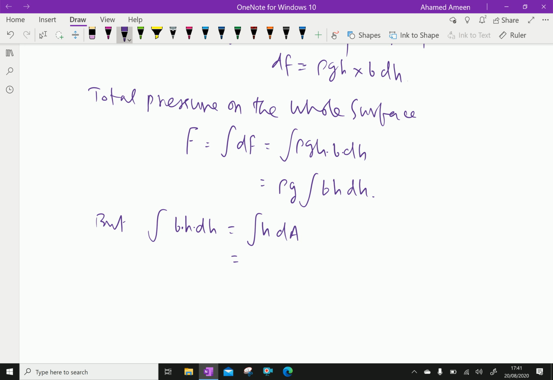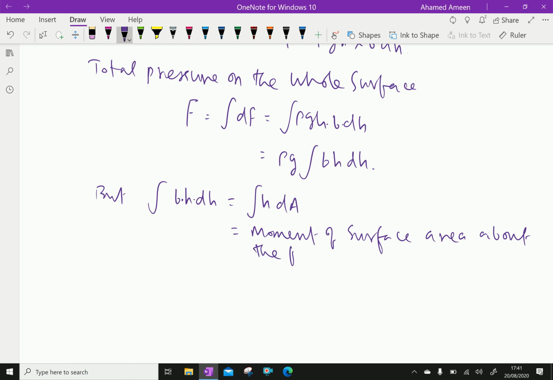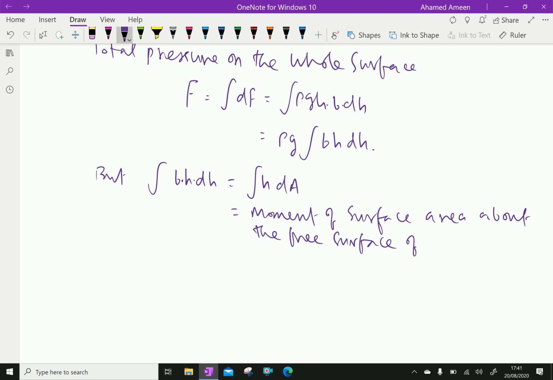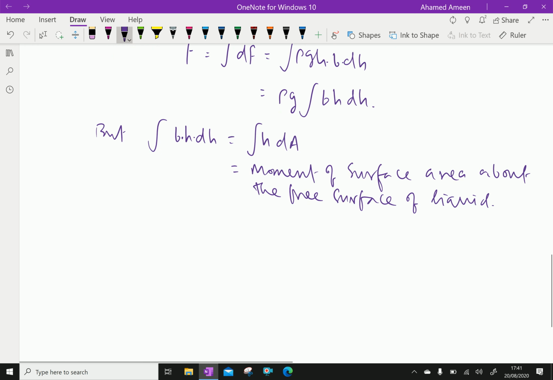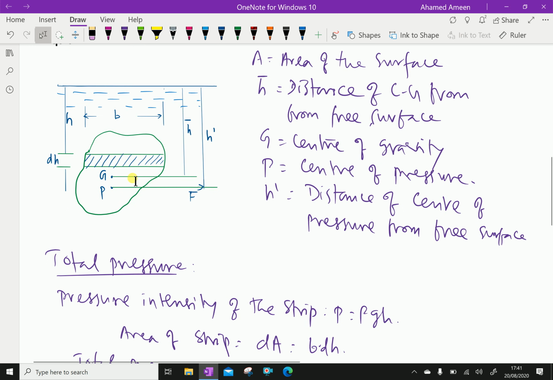Here h means the height and dA is the area, which is equal to the moment of the surface area about the free surface of the liquid. This equals A into h bar. Here this moment is A into h bar, so the total area into h bar is the moment of the surface.